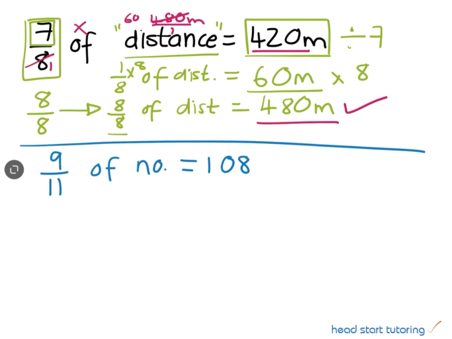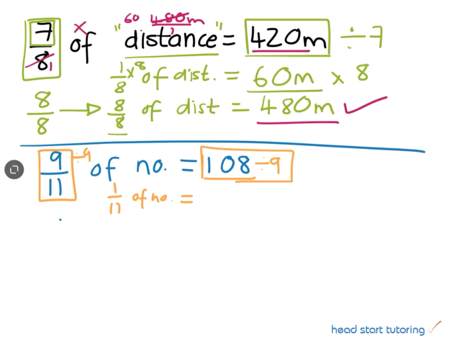So again, what we need to do is divide our number by 9, all right? And that will give us what 1/11 is equal to. So 1/11 of our number, because when we divide 9/11 by 9, we end up with 1/11. So therefore, that's why we divided our 108 by 9 as well.